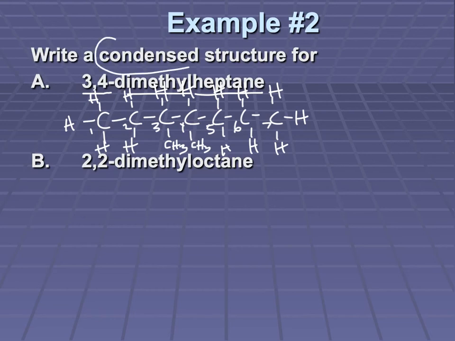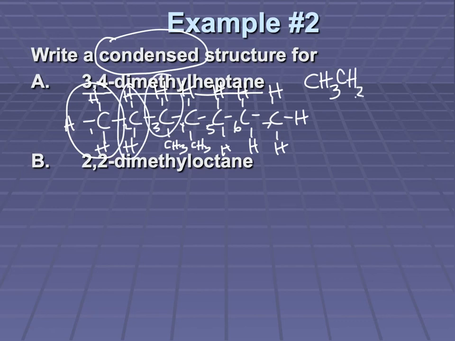But this particular example wants us to condense it. When we condense this, just take one group at a time, each little carbon. This carbon has a CH3 on it, so it'd be CH3. And this one has a CH2. Then the next one is a CH with the branch coming off of it. Then this one also has a CH.